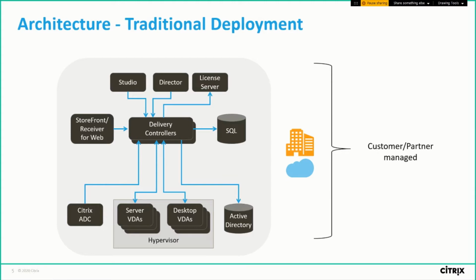A Citrix ADC is our high-powered application delivery controller, and this is where your external users will go to authenticate. It also has smart load balancing as well as a variety of security features. Now, the VDAs are where your actual applications and desktops will be stored.